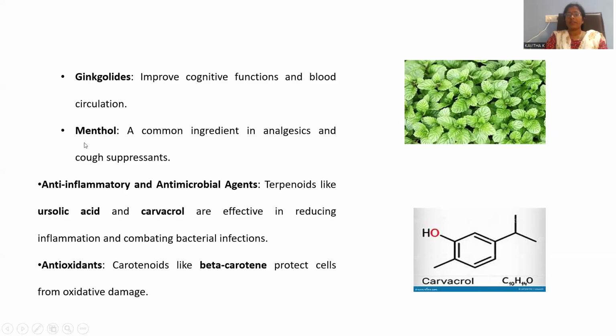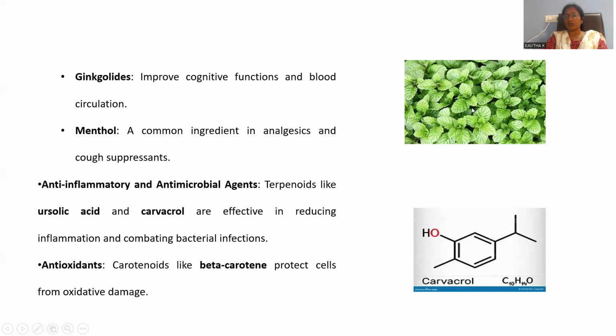Menthol. Everybody is aware of mint or menthol? Menthol is from a medicinal plant, we can say, from which this mint menthol terpene will be extracted, right? So this is effective in the curation of pains. So wherever pain conditions are present, there we can apply it, or else we can directly consume it internally.